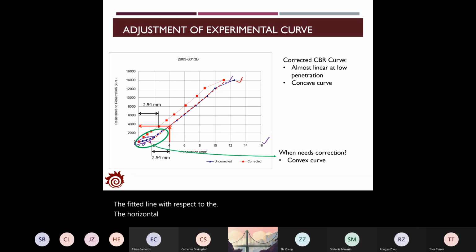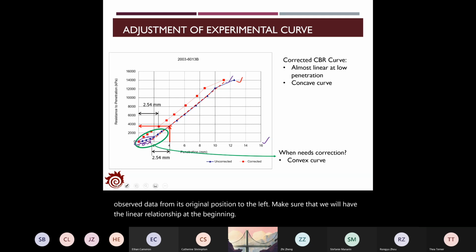We apply this offset to shift the observed data from its original position to the left, making sure that we have a linear relationship at the beginning.